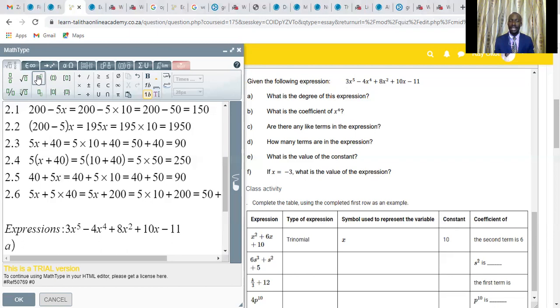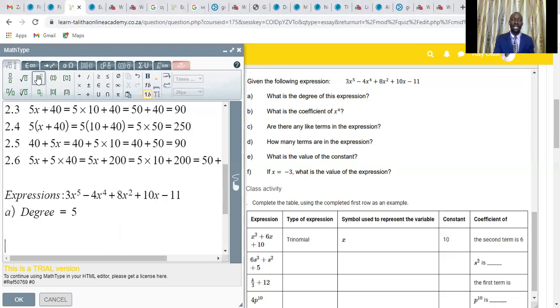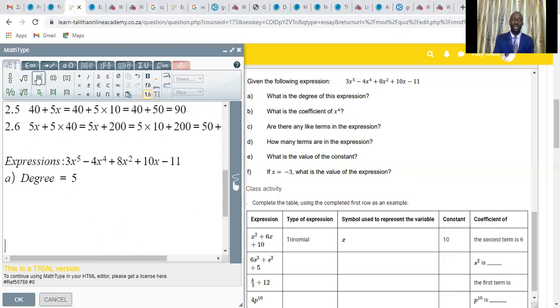So what is the highest exponent? The highest exponent is 5. And so we say the degree is 5. The degree of this expression is 5.